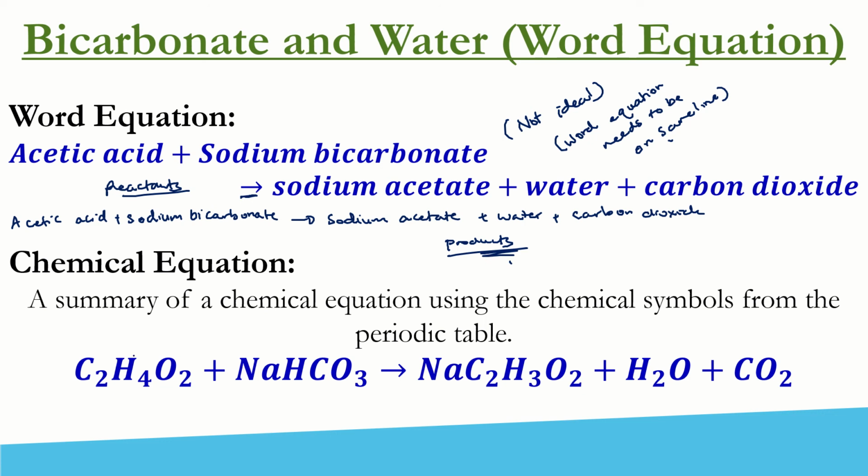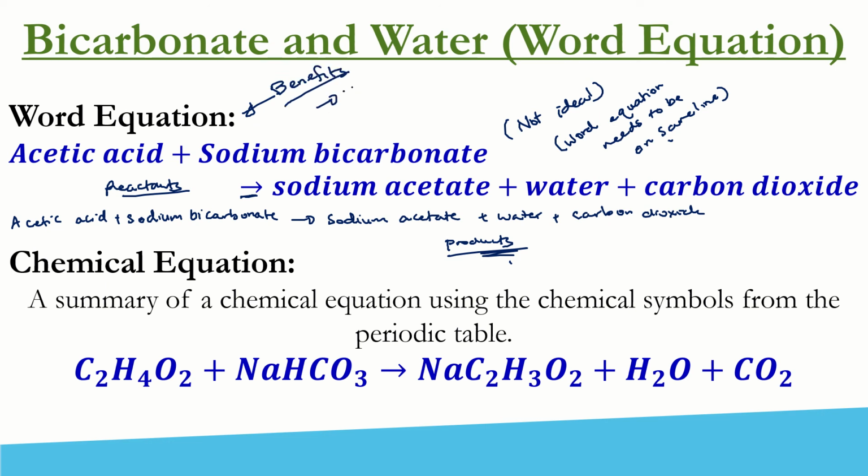There is a separate type of way we can express this reaction. If you look at the word equation, whilst it tells me what chemicals to use, let's look at the benefits of using a word equation.